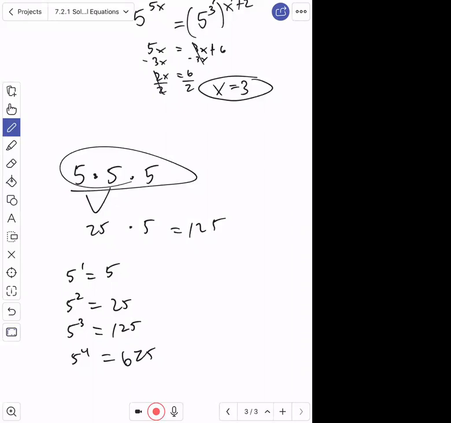And then you might do the same thing with 2. Okay, 2 to the 1st is 2. 2 squared is 4. 2 to the 3rd is 8. Take it out a few just so that you can understand.